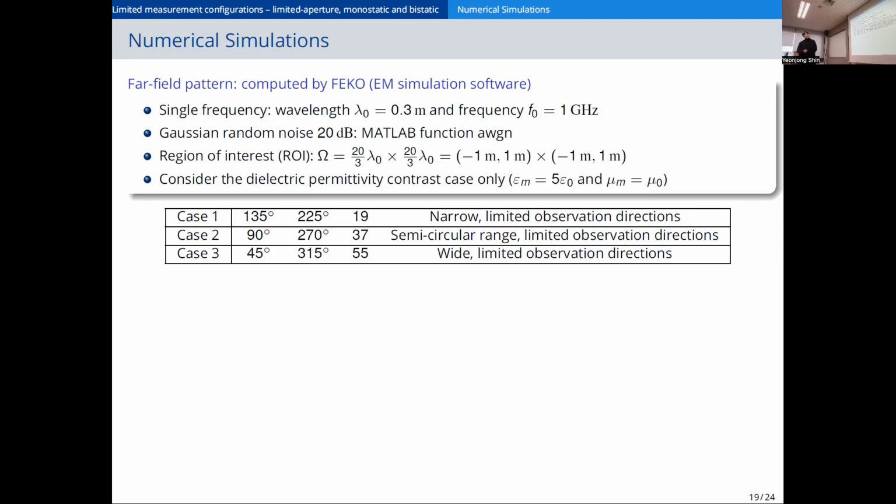The permittivity of the target is 5 times that of the background, and the background permeability is the same as the magnetic permeability. In case 1, we consider the narrow case, in case 2, the semicircular case, and finally the wide case.